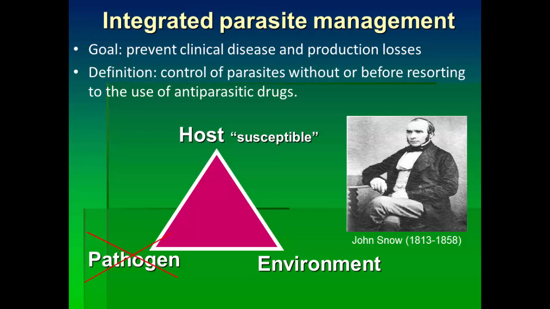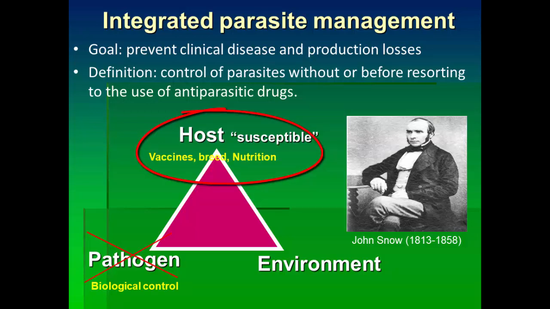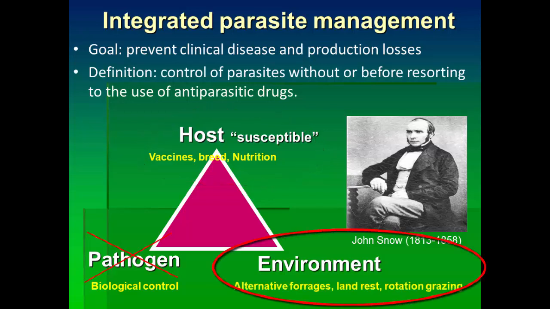And without using drugs that will kill the pathogen, we can always intervene at the level of either the host by increasing its resistance, using less susceptible breeds, or, for example, vaccinating and providing adequate nutrition. And we can also intervene in the environment. In the case of John Snow, it was clear that avoiding drinking water contaminated from the River Thames was the answer.